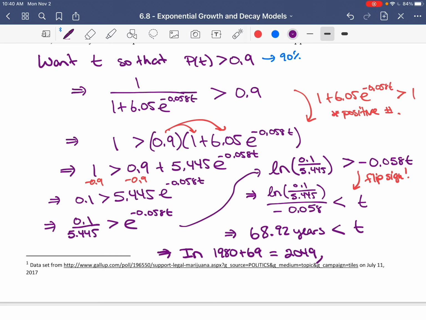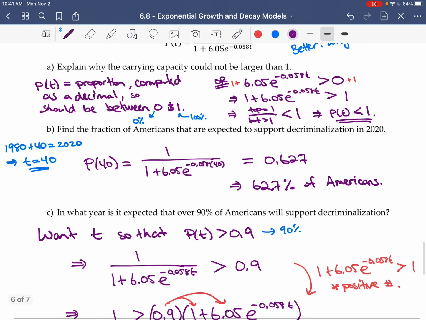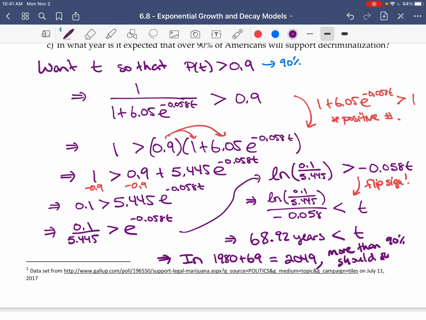Okay, so in the year 2049, more than 90% should support decriminalization.